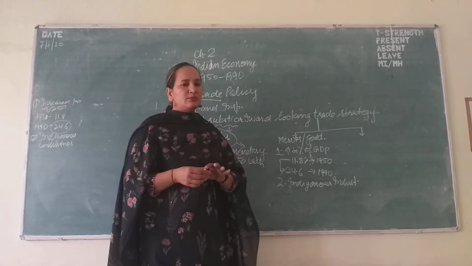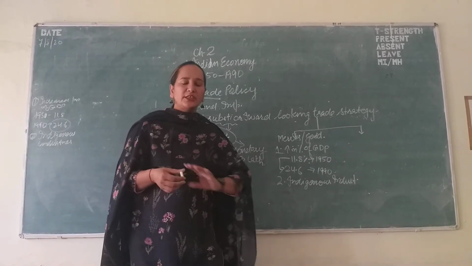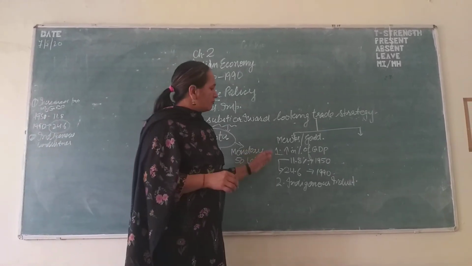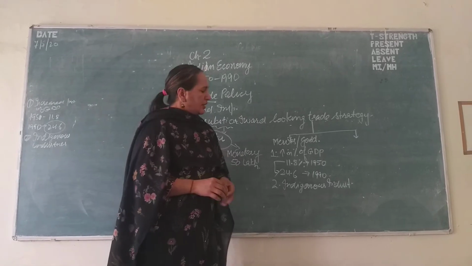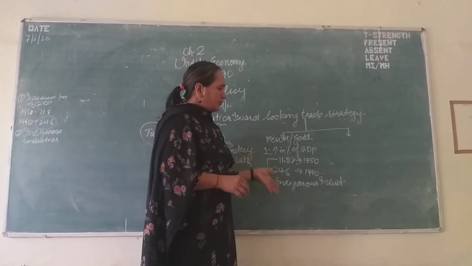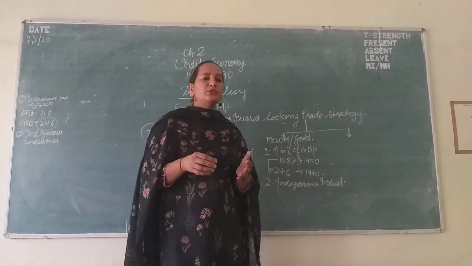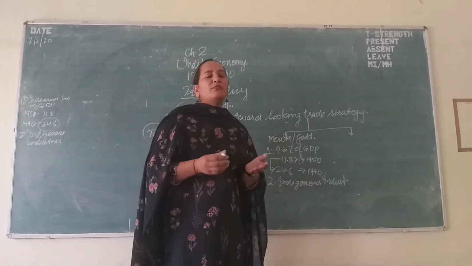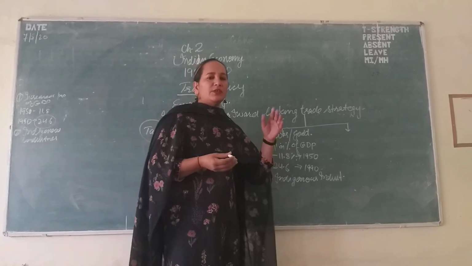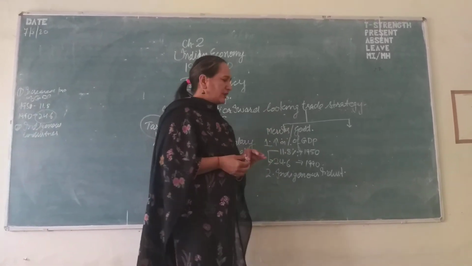We have achieved diversification. Variety of goods we are producing within the country. This way, the GDP of the country has increased. It has helped to take the economy out of that stagnation that we had during independence.